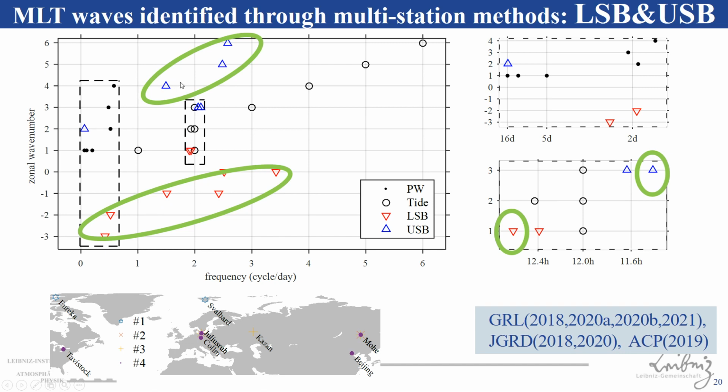Among them, the blue upward triangles denote the upper sidebands, whereas the downward red triangles denote the lower sidebands. In this plot, two regions were zoomed into individual plots here, and we have just discussed the secondary waves included in these green circles. For the rest, I refer you to the papers listed in this box.